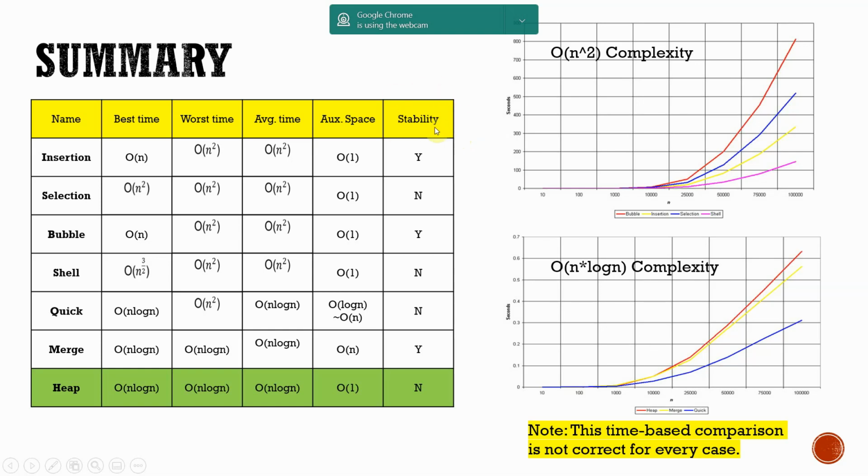The stability of a sorting algorithm means that if we have two elements in our original array with the same value, let's say 10 and 10, and in the original array this 10 is before this 10, then if in the sorted version the order of these two equal numbers does not change, we call the sorting algorithm stable.